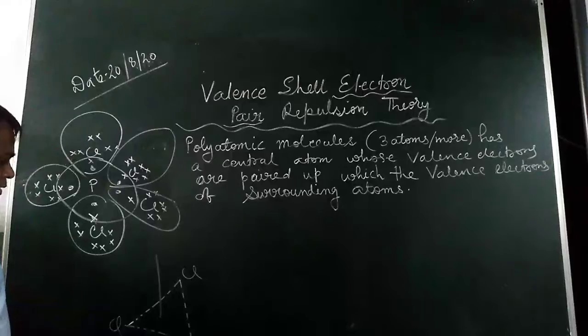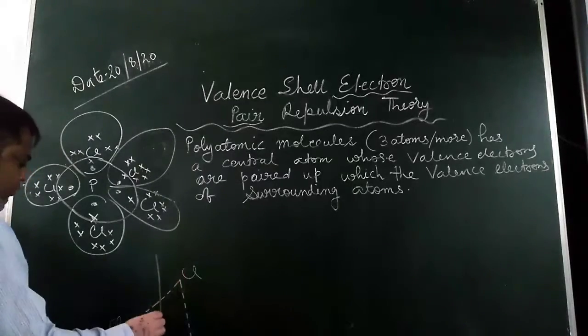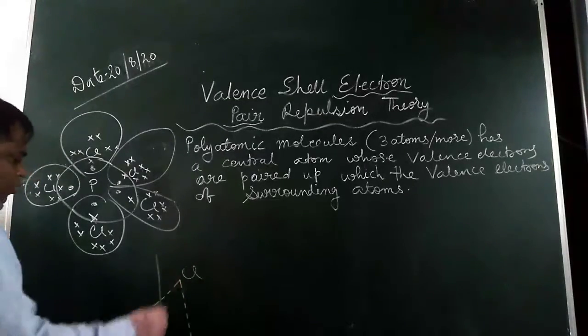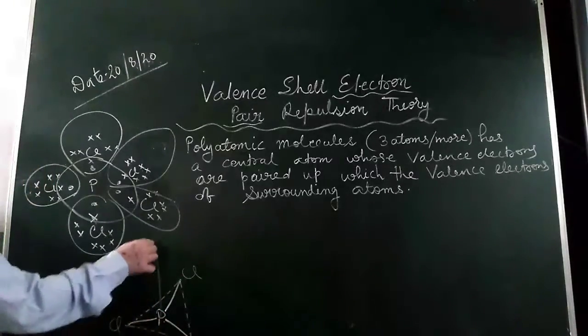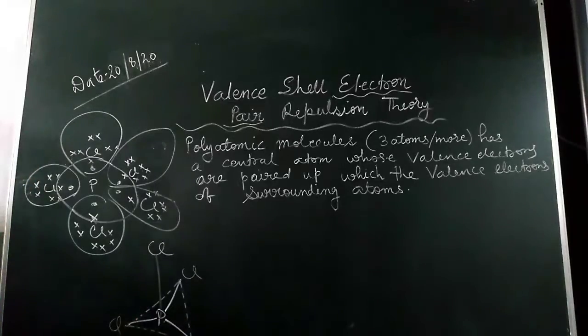So this shows the equatorial trigonal planar plane. This bond is above the plane and this bond is below the plane.